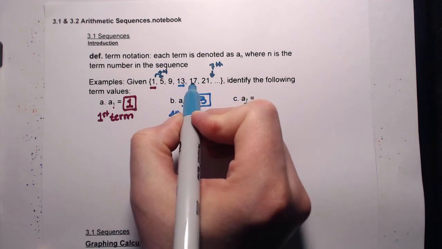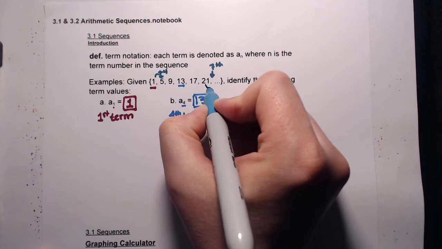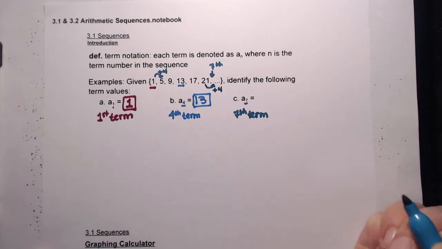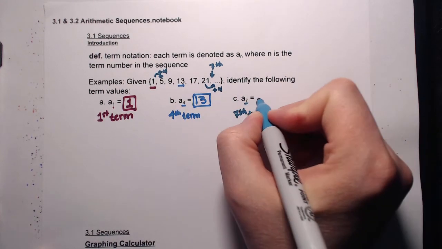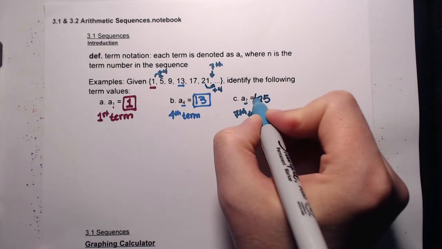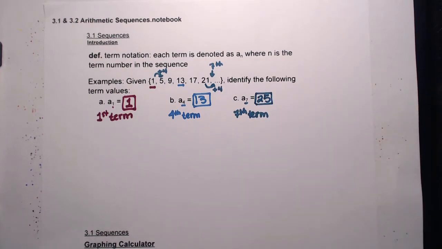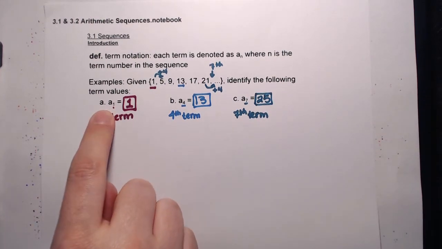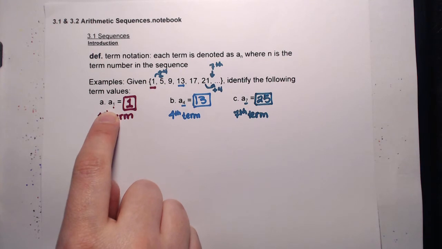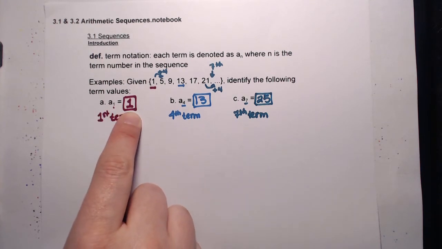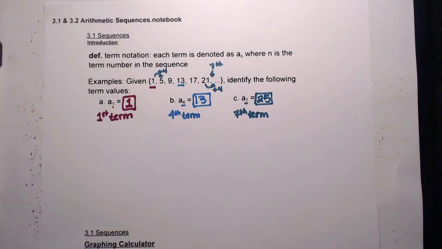Add 4, add 4, add 4, add 4. So what do I get when I add 4 to 21? 25. So we represent what term it is that we're looking at and the value of that place. So go ahead and make sure you have that written down.